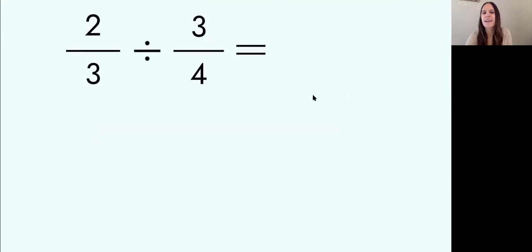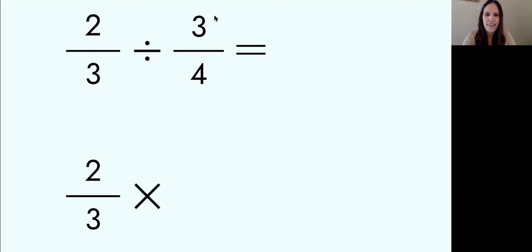Okay, so let's do this. So here's how we use that information about reciprocals when converting a fraction division problem into its fraction multiplication problem. We're going to keep the first fraction exactly the same, 2/3, change the division sign to a multiplication sign, and then find the reciprocal of the second fraction, 4/3.